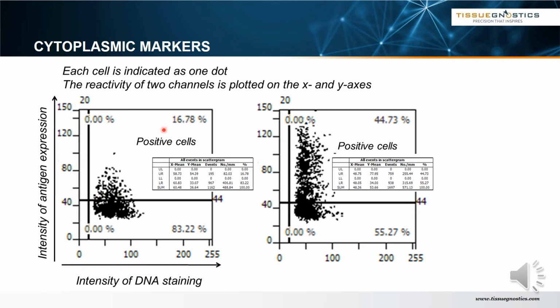On the left-hand side, we see the result of our normal skin, and on the right-hand side, the sample after UV excitation. What we see at a glance is that the number of positive cells, so the cells above this cutoff, above the isotype matched negative control, increases from 16.78 to 44.73%.